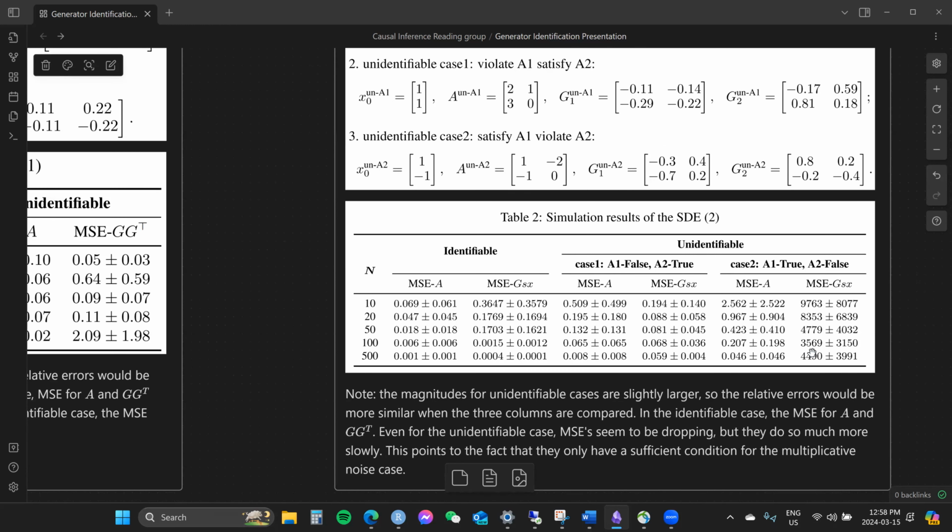For case 2, it's the same thing. The MSE is still decreasing, but the MSE for G starts huge and then very slowly decreases. They say it's going to zero, but it's unclear if it'll converge at this point.